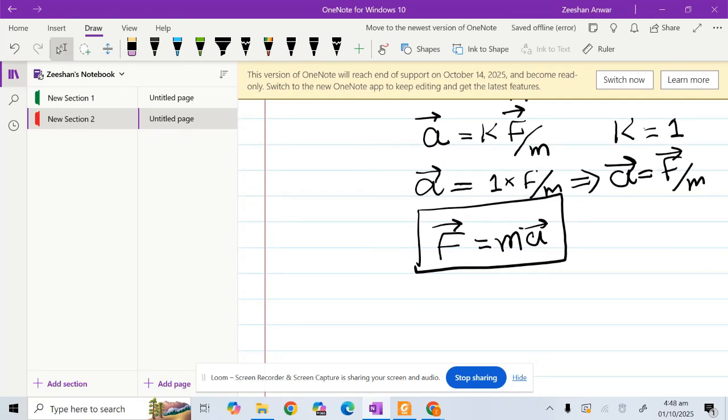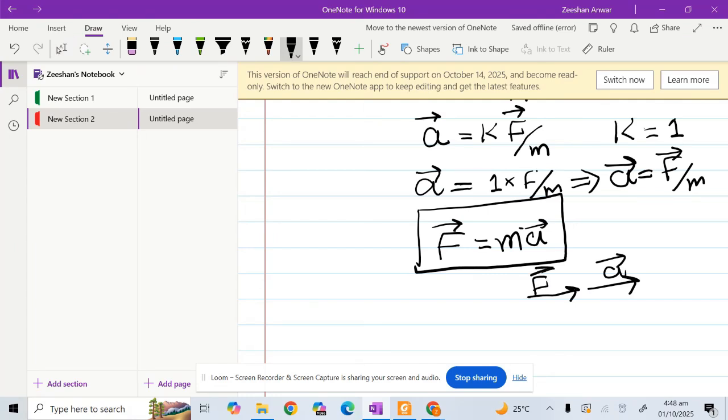Always remember that the direction of force and acceleration will always be the same. For example, if we apply force in this direction, then acceleration will also be in this direction.